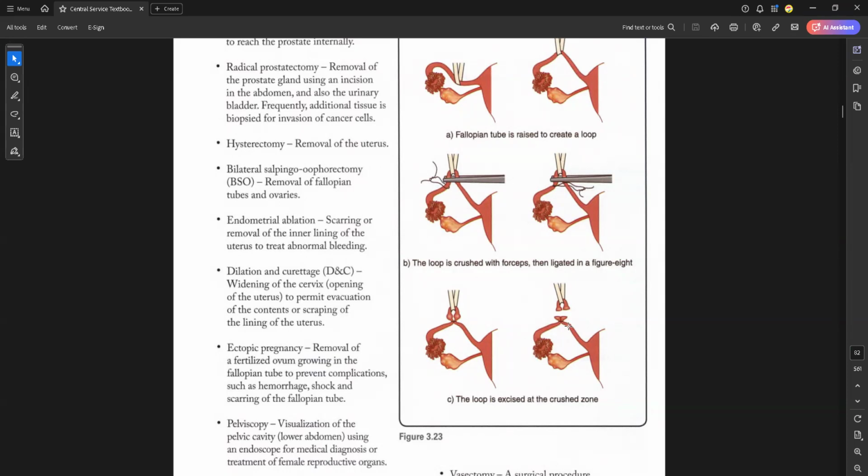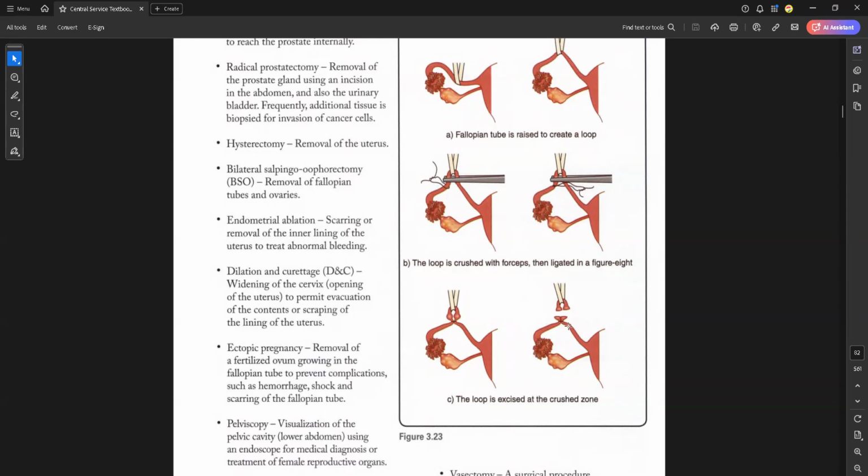And then we also have the endometrial ablation. Then we have D&C. We also have the ectopic pregnancy. The ectopic pregnancy is an unfortunate situation. We don't want that to be happening to our women. Very unfortunately, sometimes nature has its own way.